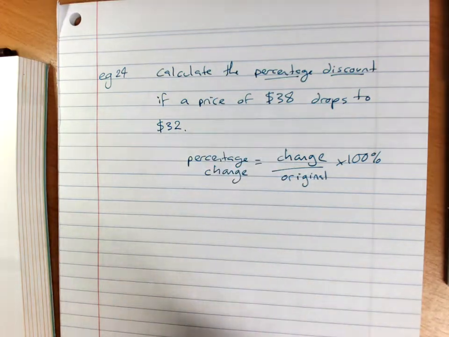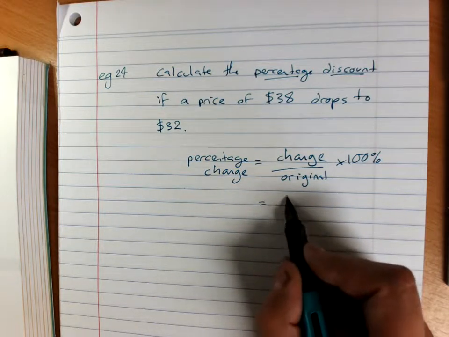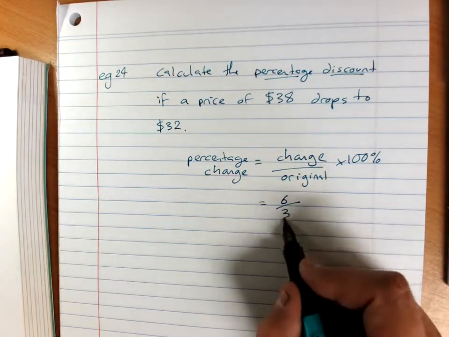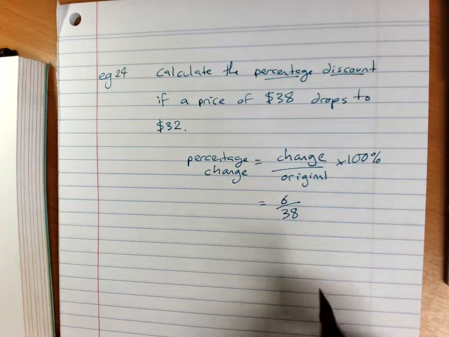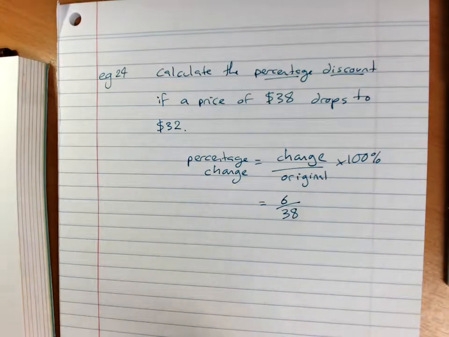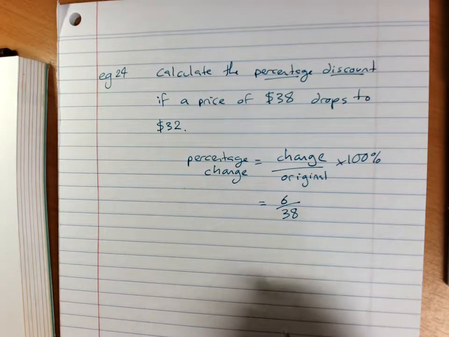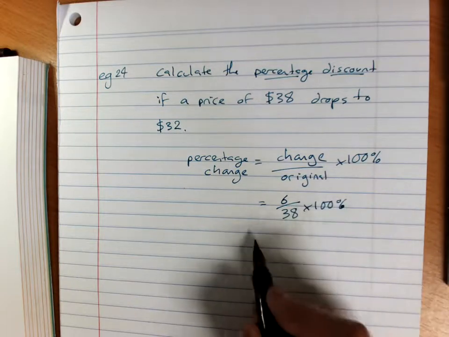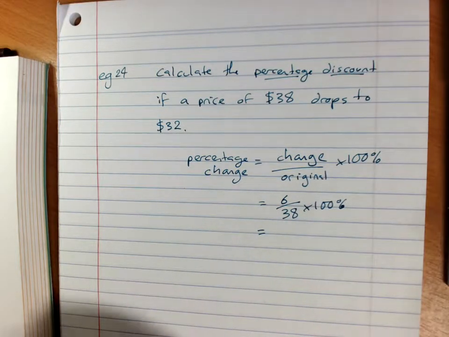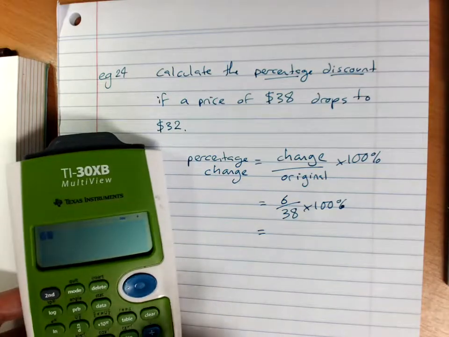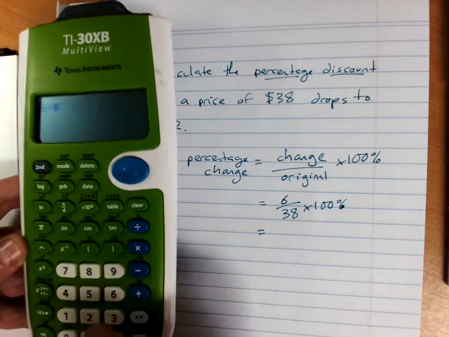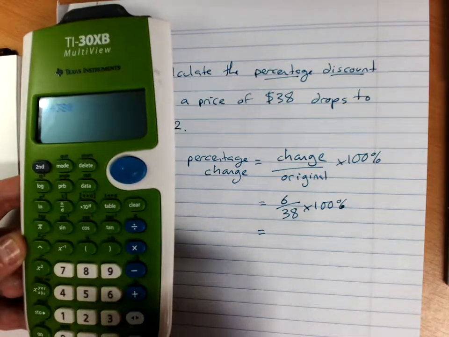From 38 to 32, what was the change in price? 6. So it was a $6 discount out of a $38 original price. You've got to check the two prices and work out which one was the original, and multiply by 100%. Let's do that on the calculator. 6 divided by 38.